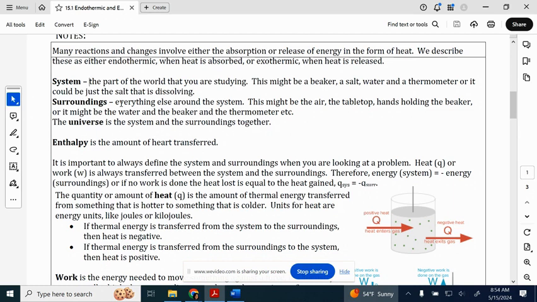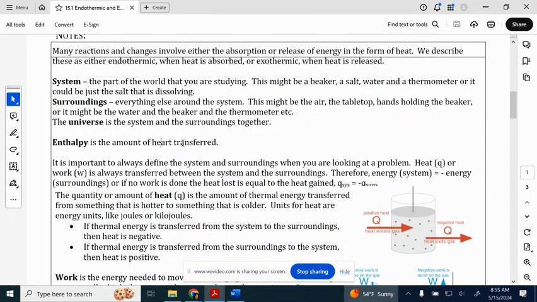Do you remember that? How did it feel? Warmer, right? That was because heat was coming off of that and going into your hand. It was coming out of the system, the alcohol and water, and going out into the surroundings, which happened to be the glass in your hand that you were touching.